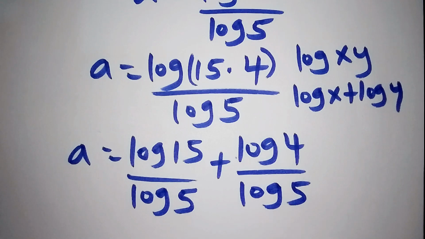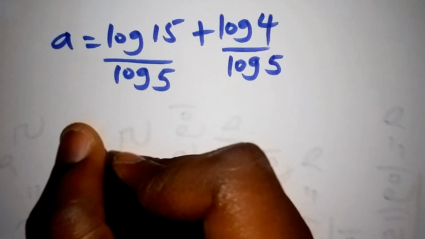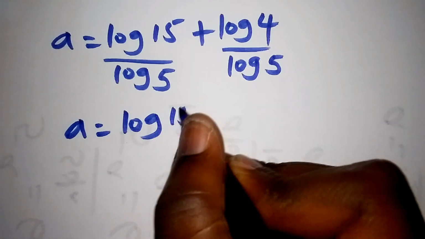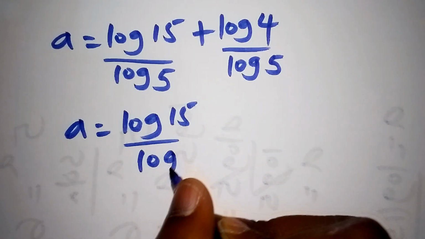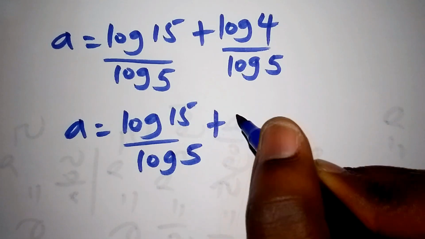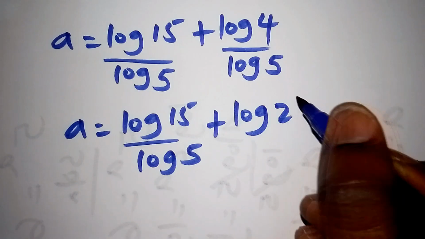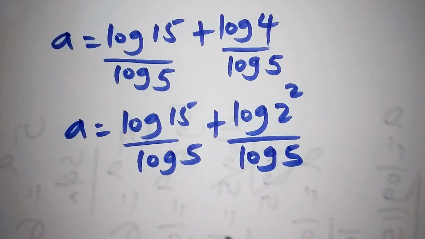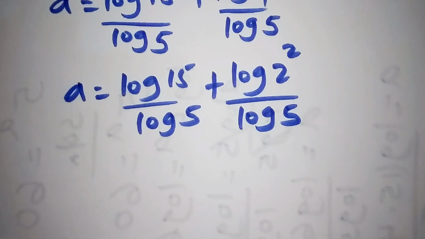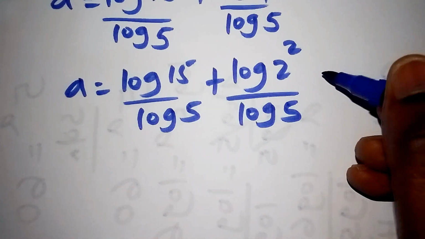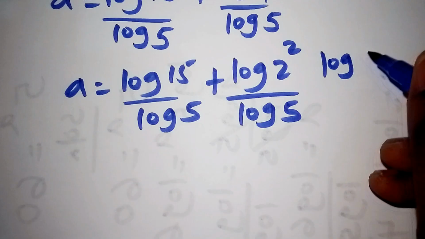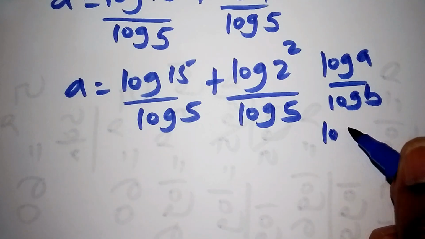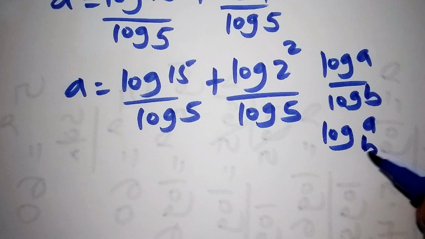Next, we have a is equal to the log of 15 all over the log of 5, plus the log of 2 to the power of 2 all over the log of 5. Now, when you have the log of a all over the log of b, this can also be written as the log of a to the base of b.